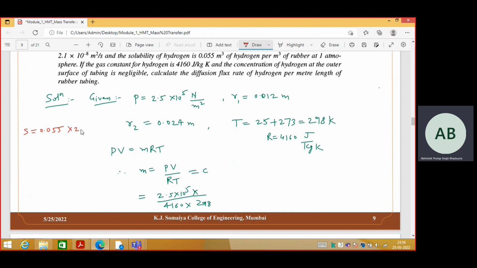So we'll multiply this by 2.5. The calculated value is 0.1375 meter cube per meter cube of rubber tubing, and that is equal to the volume of the hydrogen in meter cube per meter cube of rubber. So the value of volume is 0.1375.